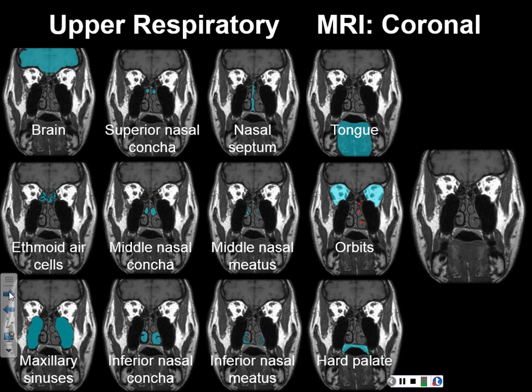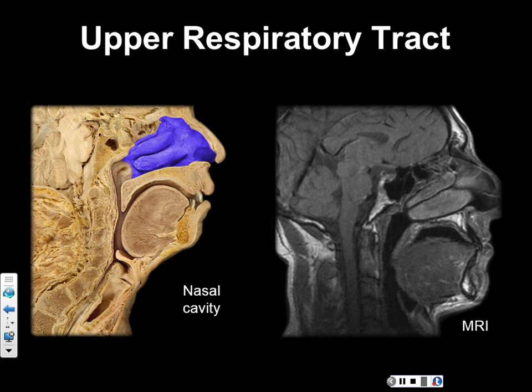You can go through this later on, and then the hard palate, which is the bone that you push up against when you're swallowing with your tongue. Look at these pictures, and you see the nasal cavity and the conchae highlighted, and the conchae create meatuses or grooves and channels through which air goes like this, squiggles, squiggles.